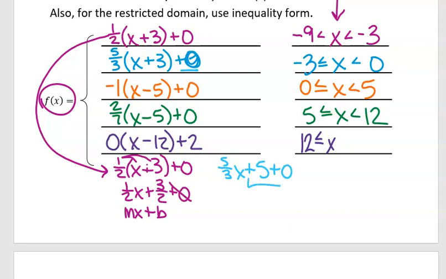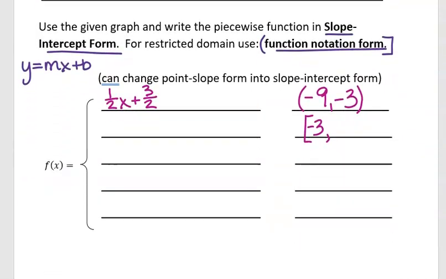So if I add these two together, I still end up getting plus 5, right? 5/3 x plus 5. So let's go ahead and tack that in to our piecewise function. Five thirds x plus 5. And it was from the interval -3 to 0. So I'm going to go from -3 to 0, close my parenthesis, open up the next one with a bracket. So pause your video and try the remaining 3 functions.